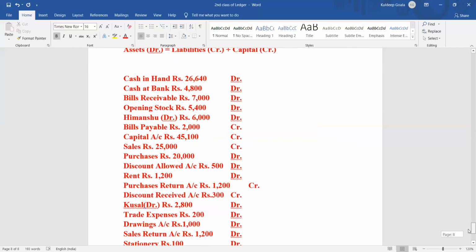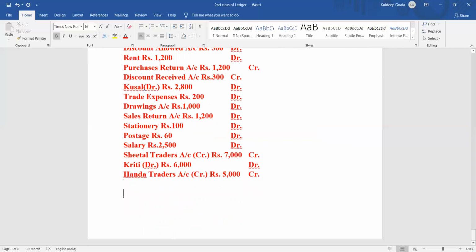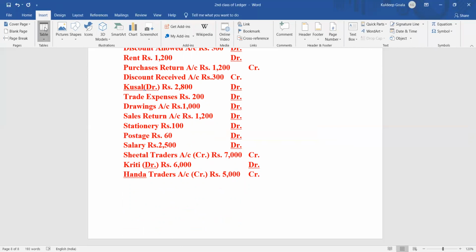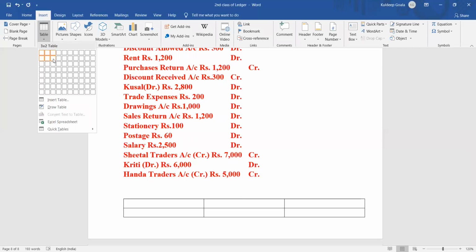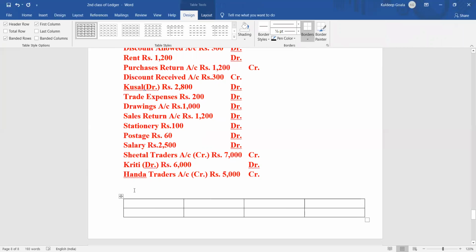Now what to do? See, very simple way. I'll just show you the format in the simplest format. There are two ways of doing the format, I'll show you both. This is the first format where your amounts, your figures, will appear in this way.